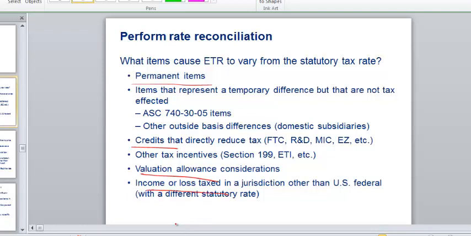If you have foreign income that's taxed at a low rate compared to the starting rate you assume your provision begins at, that's a big rate item. We'll talk about that in the last class when we cover international tax. But I think we've done enough rate reconciliations now. You guys know to look for perms, things that permanently change the amount of tax expense or tax I'm going to pay or save. That's what goes in a rate rec.